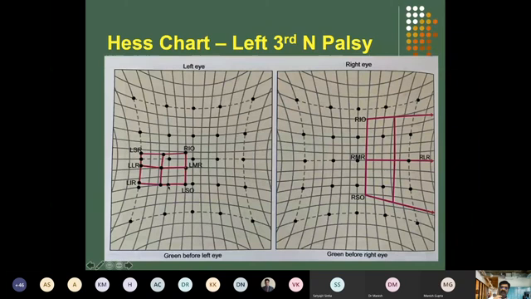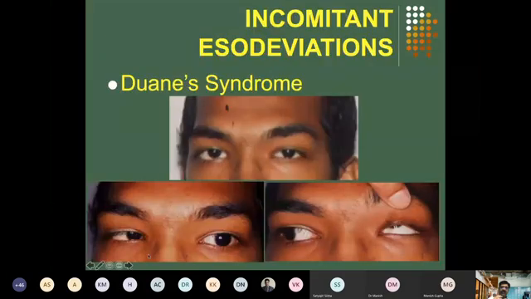Same thing for a left third nerve palsy. Now you can see in the left eye, only the lateral rectus is acting and all other movements are gone. And in the contralateral, the right eye, the lateral rectus of the right eye is overacting. So that is how we document a paralytic squint.